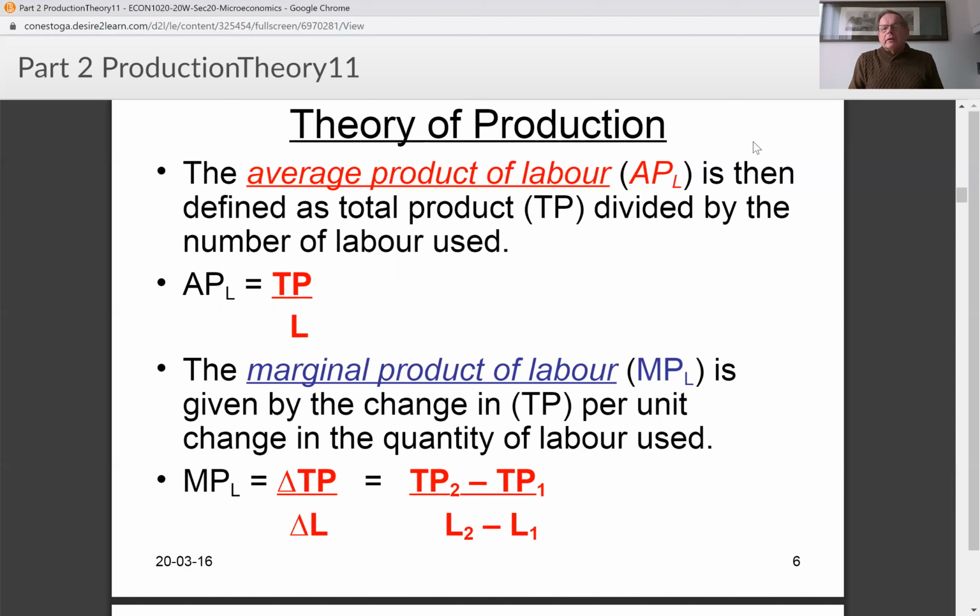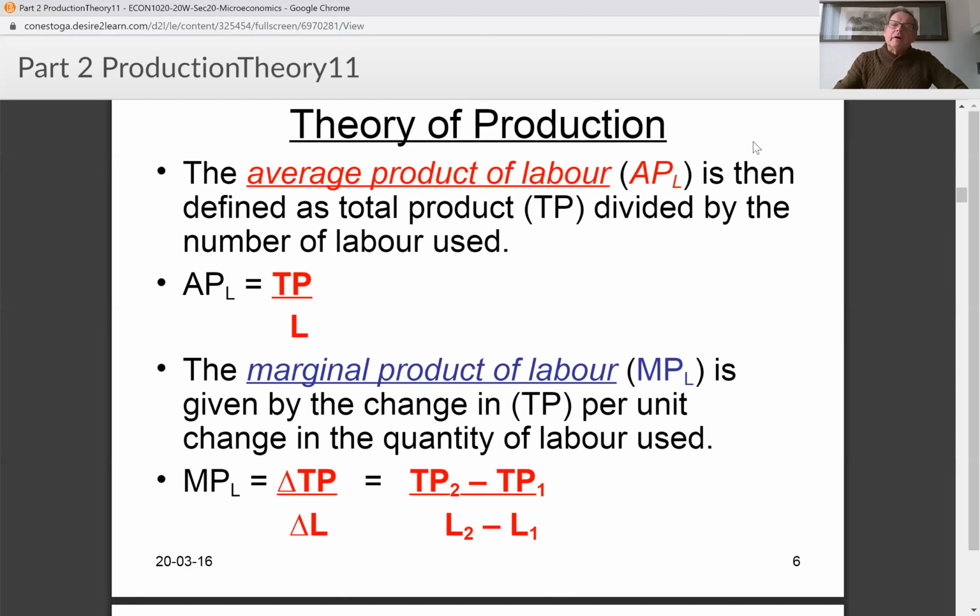The marginal product of labor, the MPL, is given by the change in total product per change in the quantity of labor used. So your MPL is equal to the change in total product divided by the change in labor, which then equals total product 2 minus total product 1 divided by labor 2 less labor 1.